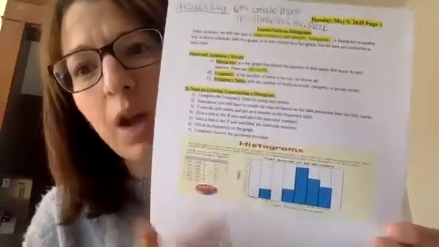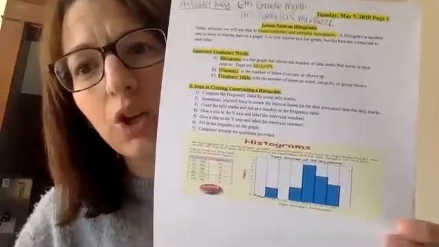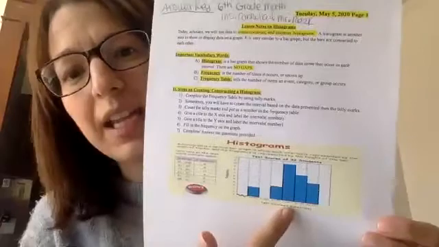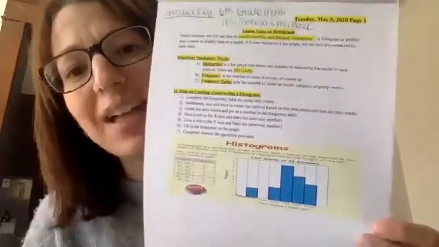And we use those numbers to actually create this lovely histogram. So we're going to review that skill again today. But a histogram is a bar graph that shows the number of data items that occur in each interval. There are no gaps. That is what we are going to actually review for today, okay?